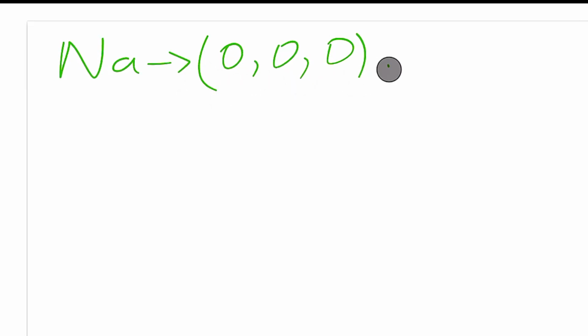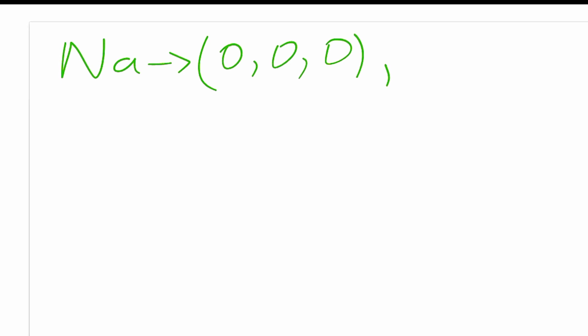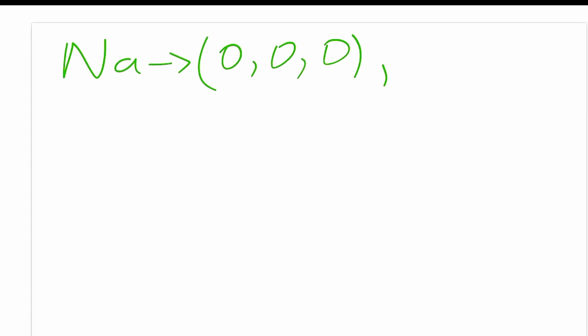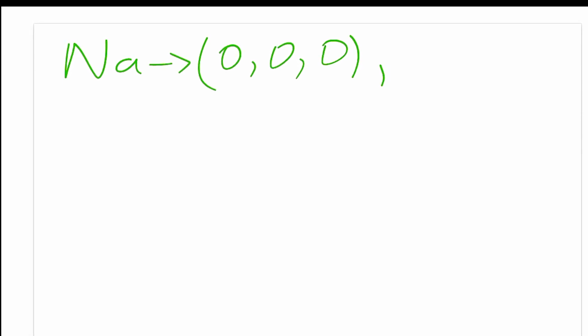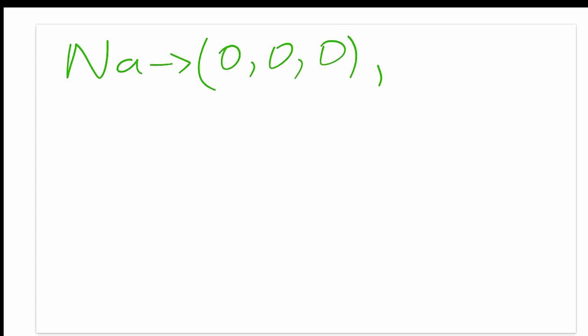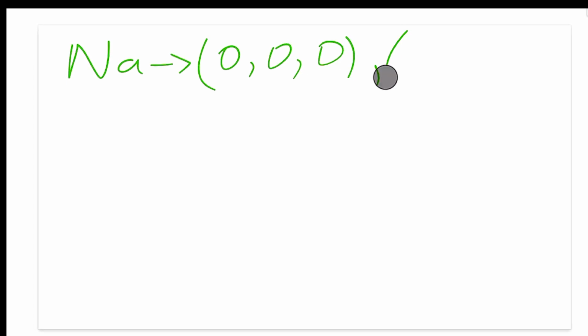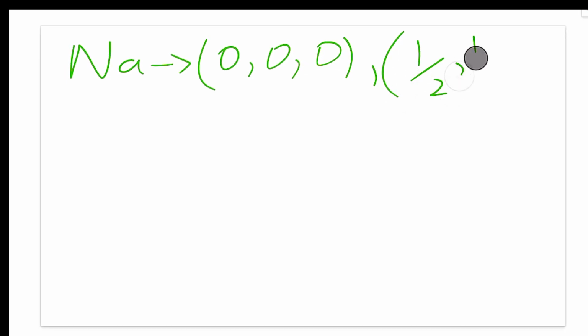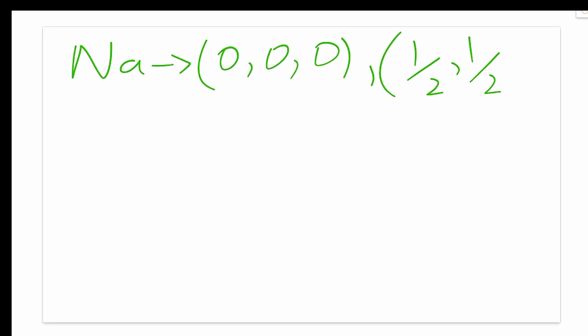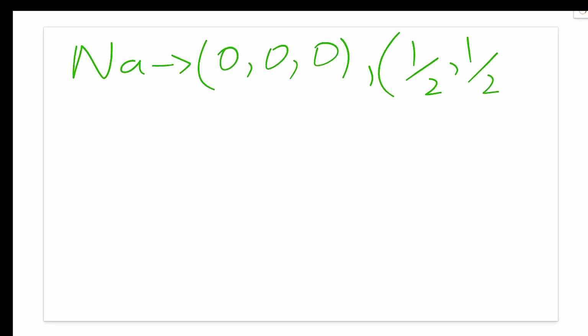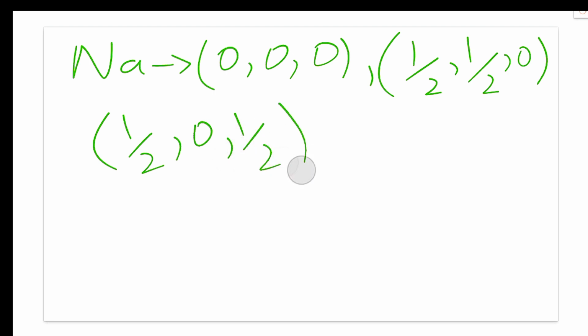Here I'm going to mention the trick that you can use to remember these coordinates without drawing the unit cell. You can remember them really easily. We have 0 0 0. First we write half and half for x and y and 0 for z. Then we write half here, then 0 here and half for the next one.